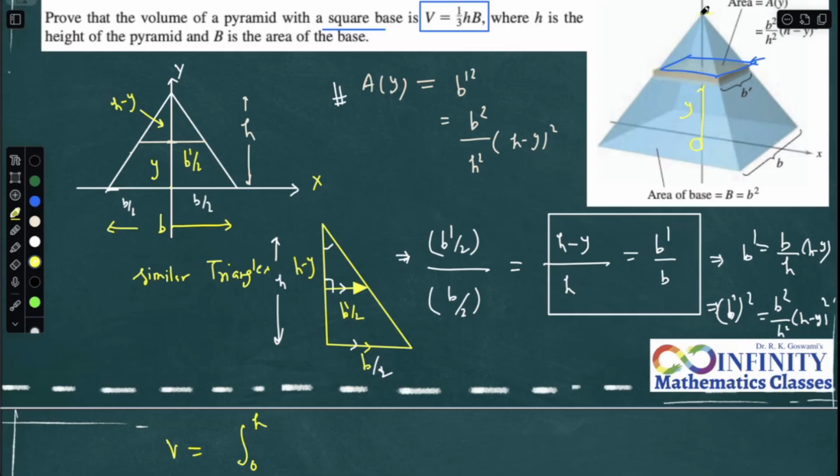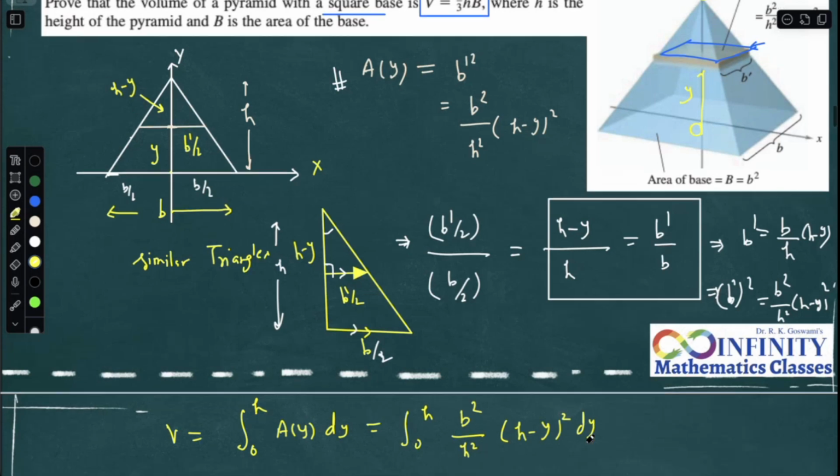The maximum height is going to be h as per the given structure. And A(y), I already obtained. So the integral of A(y) dy from 0 to h, where A(y) was b square upon h square, times (h minus y) whole square, dy.